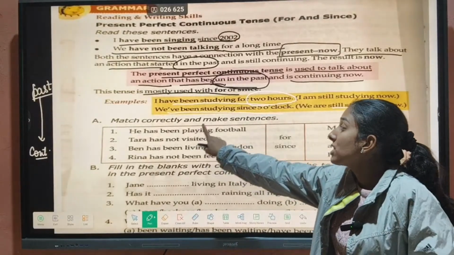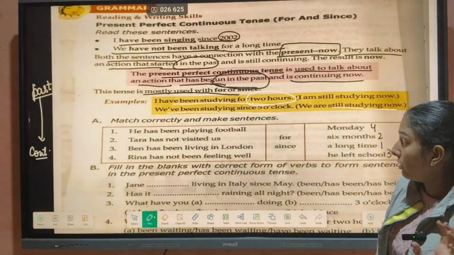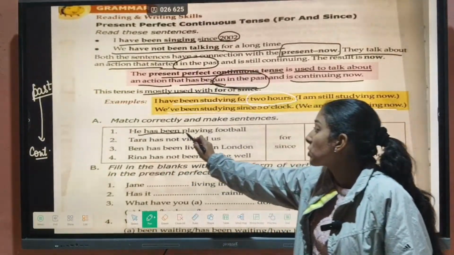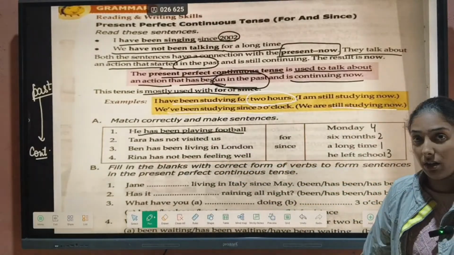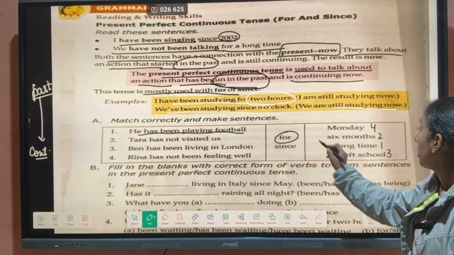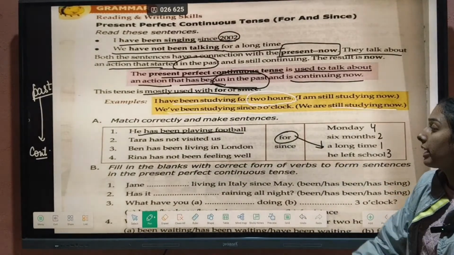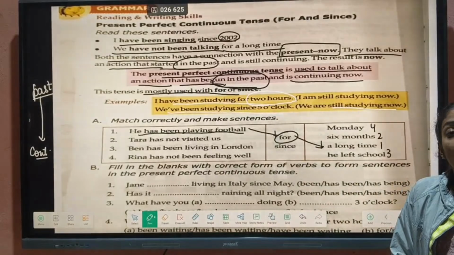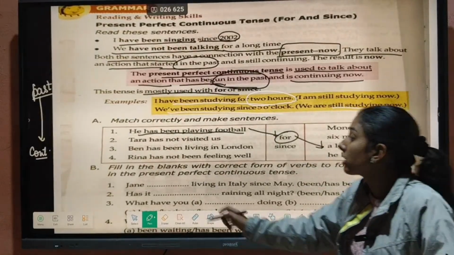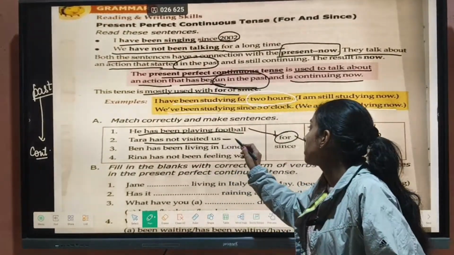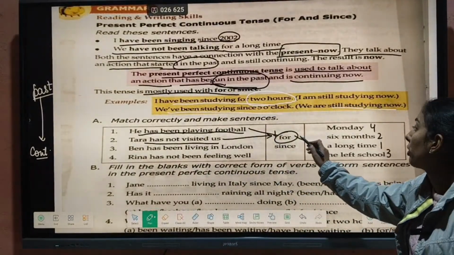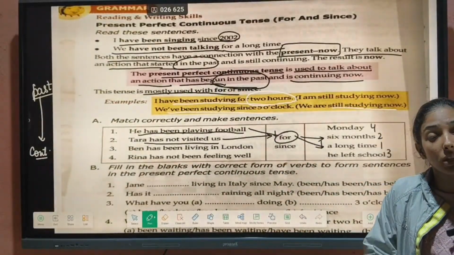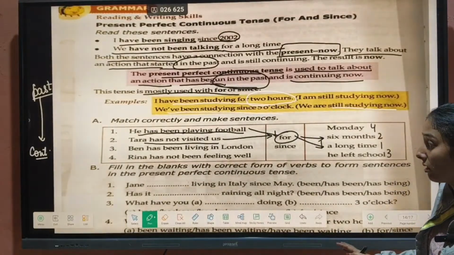Now you have to match correctly and make a sentence. He has been playing football for a long time. Tara has not visited us for 6 months. For 6 months she has not visited us.